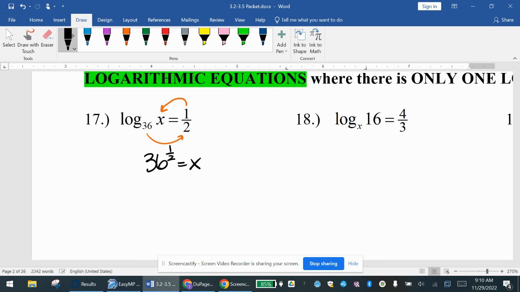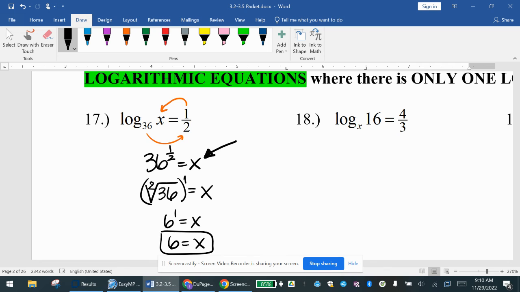I can rewrite the 1/2 as a root using our rational exponent property that we learned yesterday. The square root of 36 is 6, and 6 to the first power is 6. So notice that the x was already isolated, so all we had to do was clean up the left side.